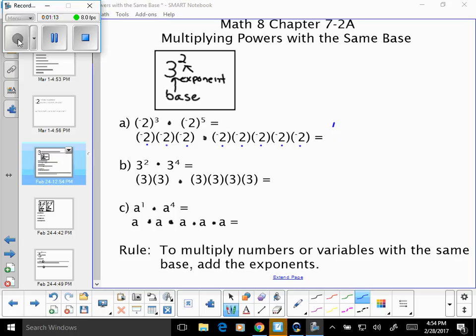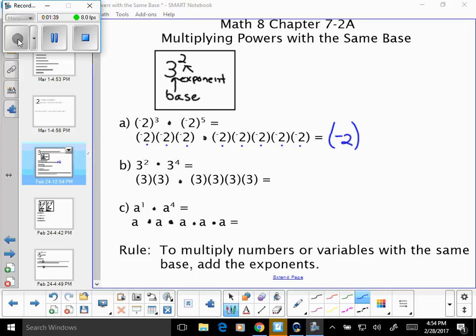It's very important that if you see a negative number inside the parentheses, it has to be the base, because there's a difference between -2 raised to the third power, -2 raised to the fourth power, and the opposite of 2 raised to the third power, or the opposite of 2 raised to the fourth power.